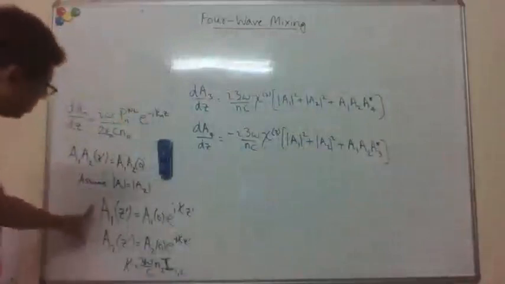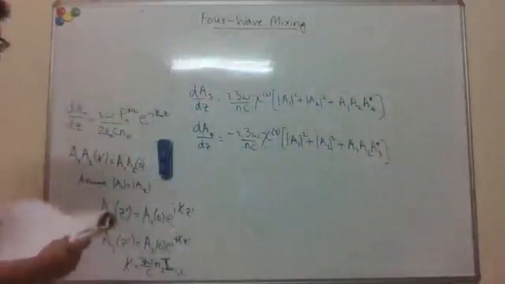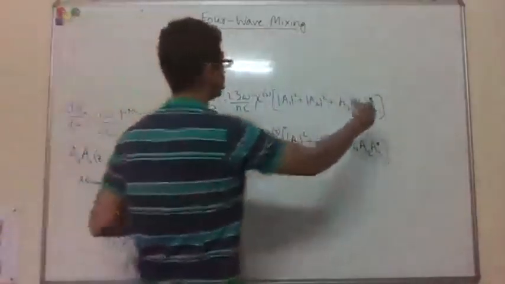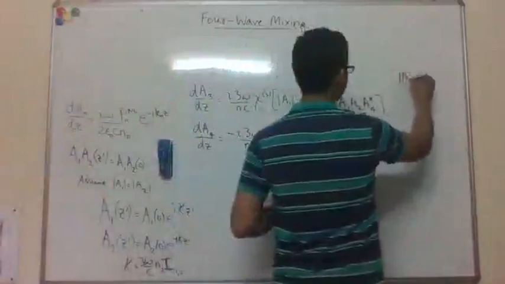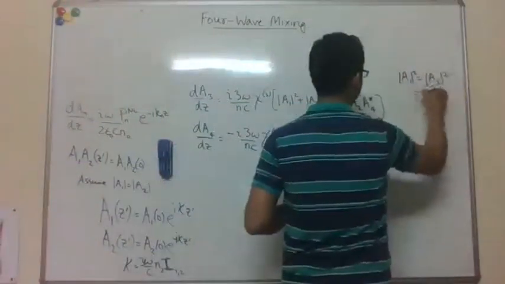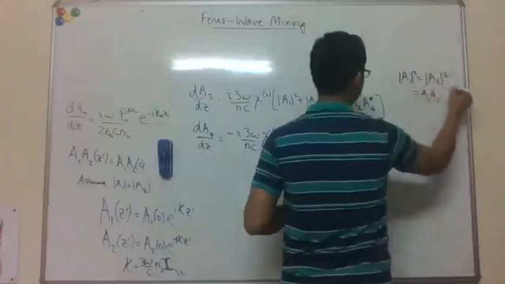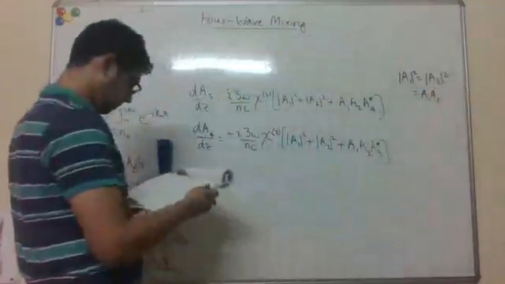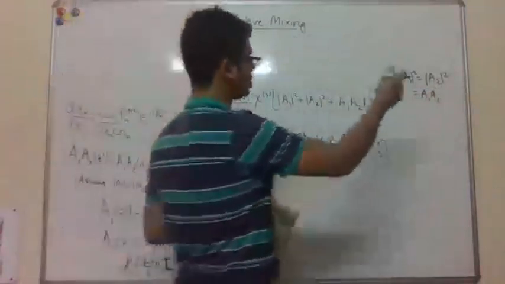Right, so when we have these solutions for A1 and A2, then basically mod A1 square is equal to mod A2 square is equal to A1 A2, right? They're all constants.